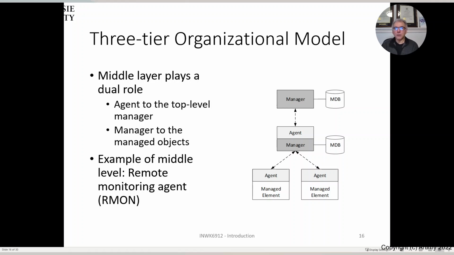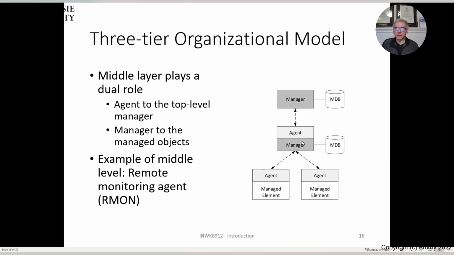A three-tier organizational model will divide the network into segments. Each segment has a manager that manages multiple elements, and then that manager is itself a managed element to another manager, right?